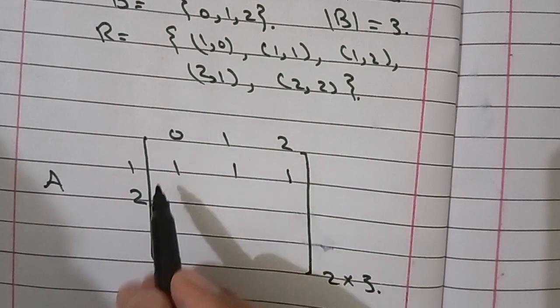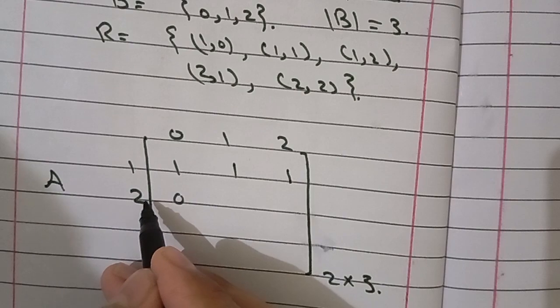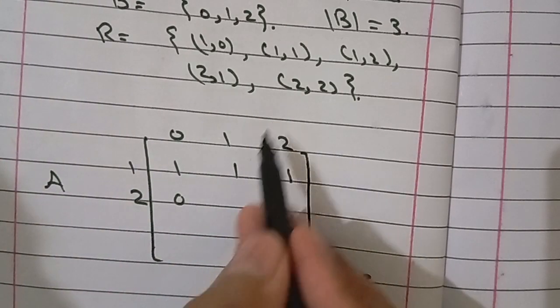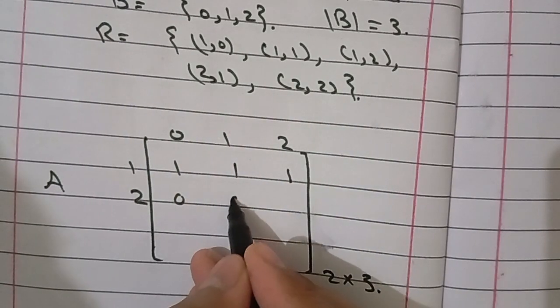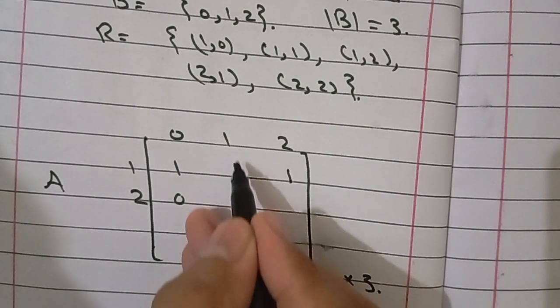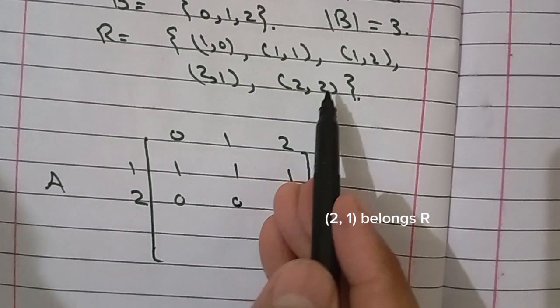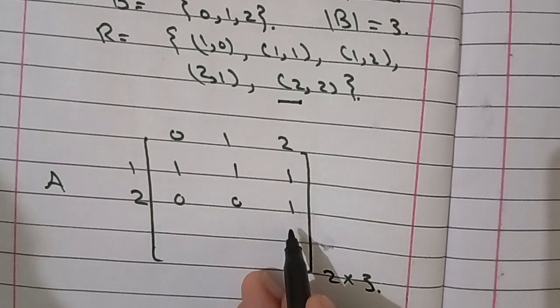But (2,0) does not belong to the relation R, so we put 0 in the second row and first column. (2,1) does not belong to the relation R, so we put again 0 in the second row and second column. And (2,2) belongs to the relation R, so we put 1 in the second row and third column.